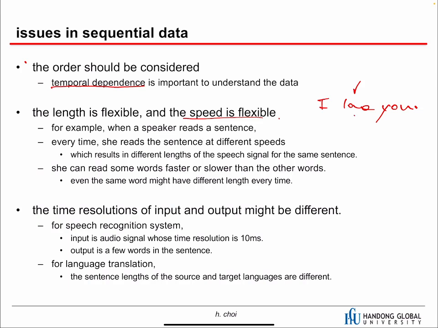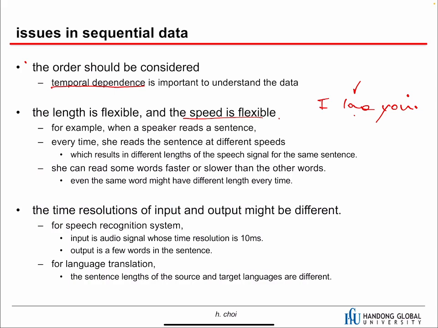So there are a lot of different speech signals for this sentence. When we have different lengths and different speeds, our model should be flexible enough. If the input dimension is fixed, then handling all these different lengths will be a problem. So the model should be flexible too.